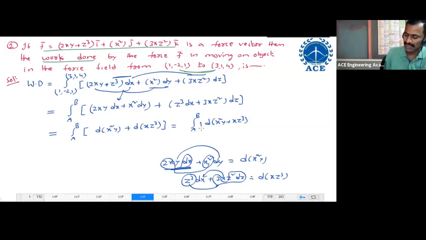Here integration is with respect to this variable, and the function of this is one. We can do the direct integration. This is equal to x square y plus xz cube evaluated between the limits from (1, -2, 1) to (2, 3, 1, 4). This is the answer.